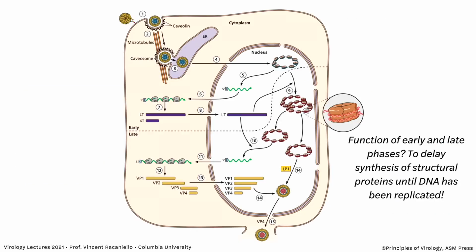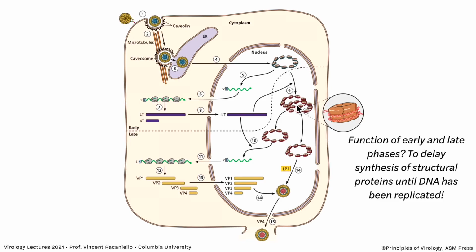So overall, let's take a summary of this before we move on to another virus. The virus gets into the cell, the DNA goes in the nucleus, and the early mRNA is made from the early promoter. That goes out in the cytoplasm. You make large T antigen, which goes back in the nucleus, and now that can stimulate the replication of the DNA. So that's shown here in step 9.